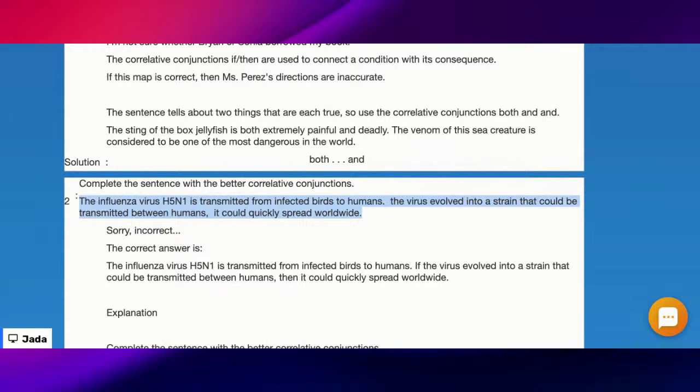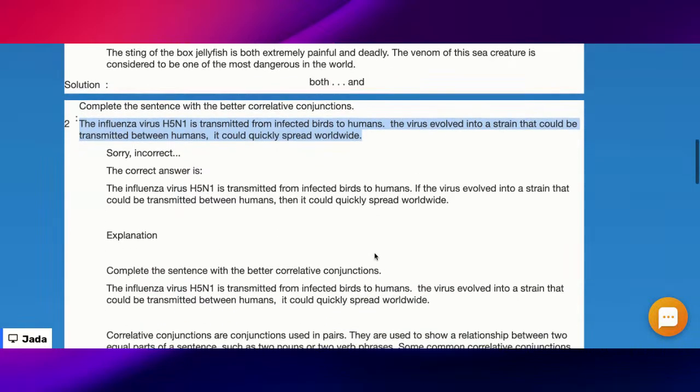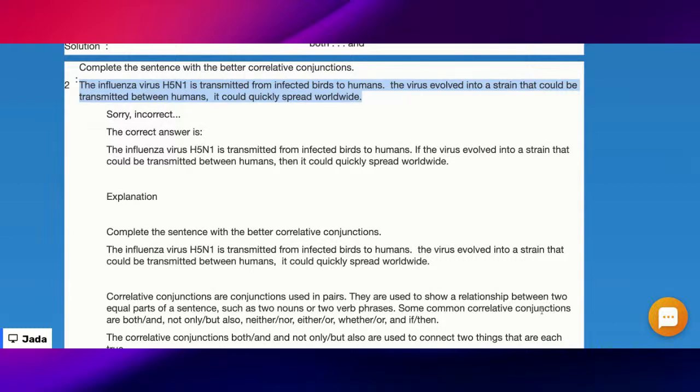The right one was if then, the one with consequences, where if you have A, it gives you the result B. So: if the virus evolved into a strain that could be transmitted between humans, then it could quickly spread worldwide.